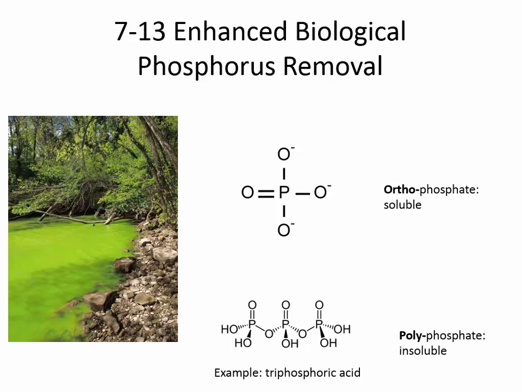Until maybe 5 or 10 years ago, it was pretty common to load dishwasher detergent with phosphorus. Does anybody know why they would put phosphorus in detergents? It helps the surfactants.